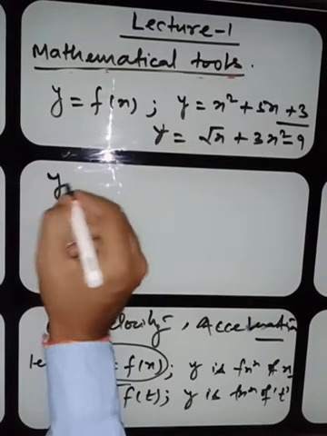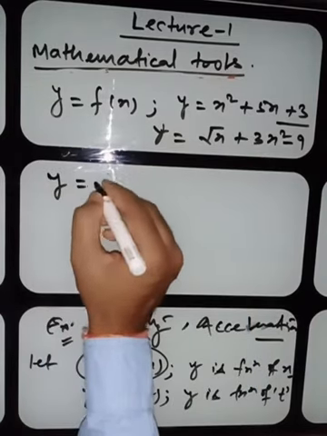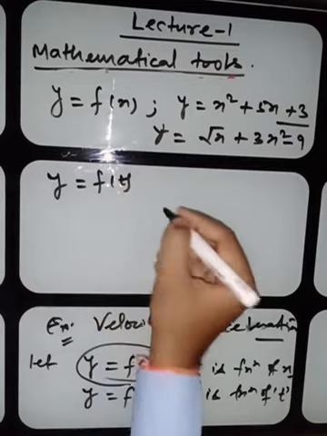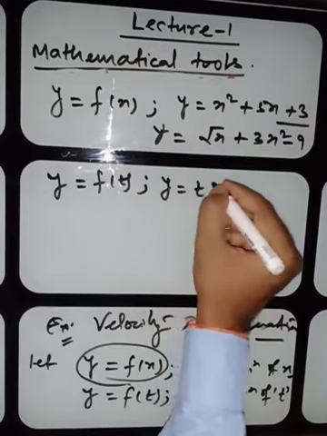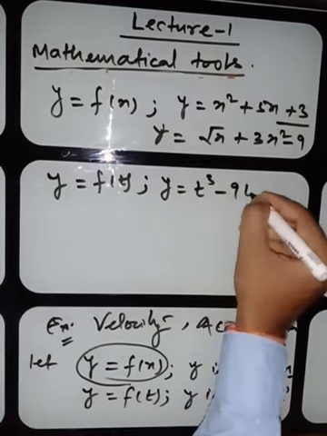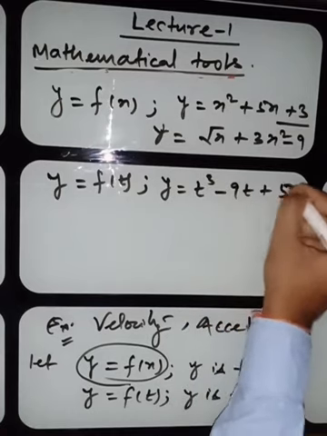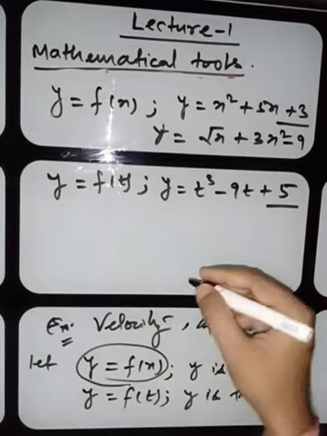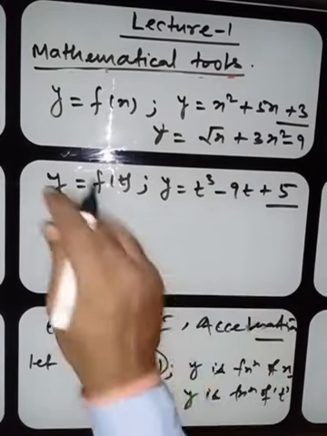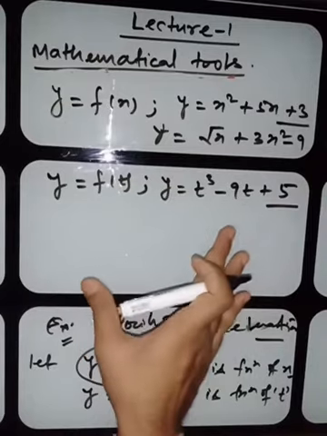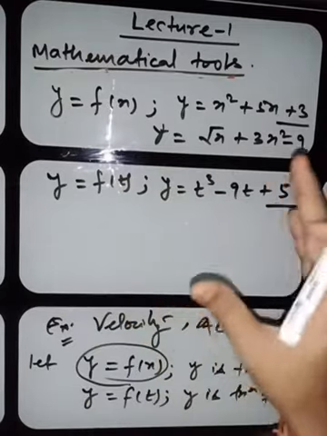If it is written y is the function of t, what does it mean? We write it this way: y is equal to t cube minus 9t plus 5. So this is the function of t. Okay, remember. So this is the way of telling the function and not the function.